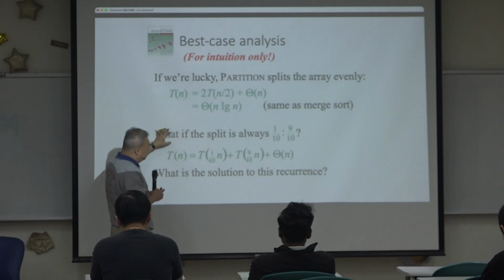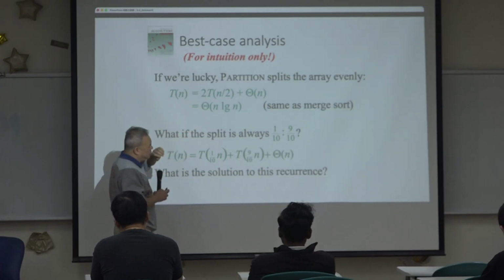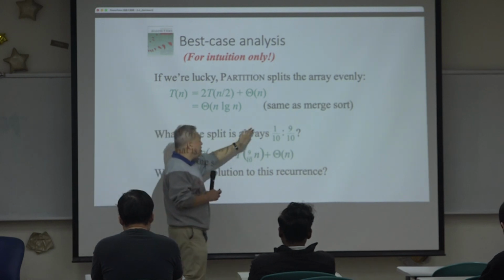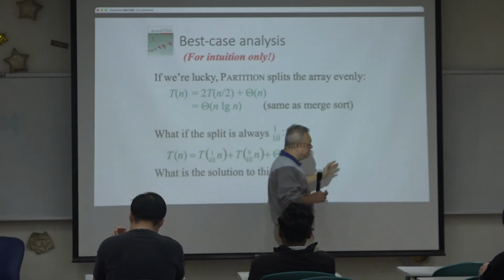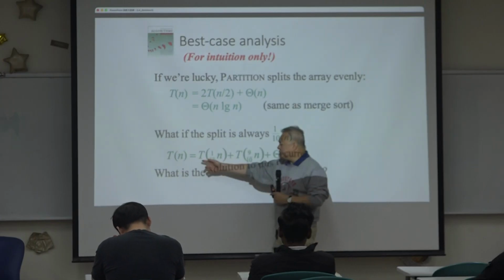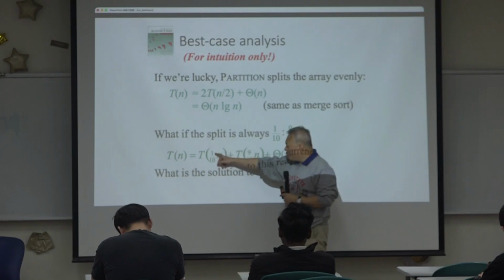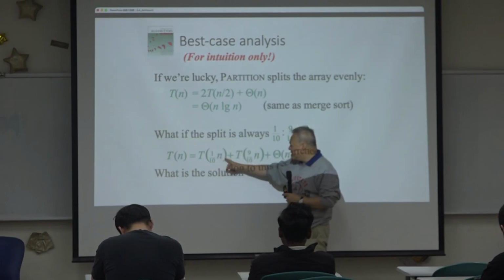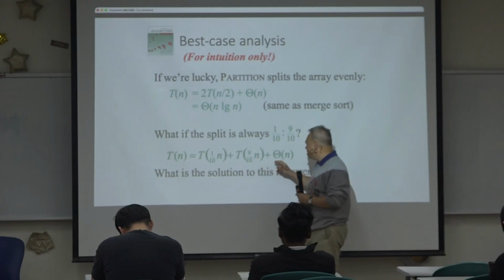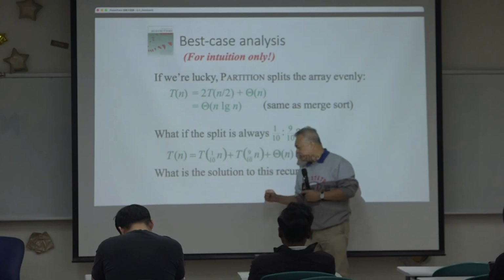The split is not any worse than 1 to 9. Then you have T(n) equals T(n/10) plus T(9n/10) plus Theta(n).